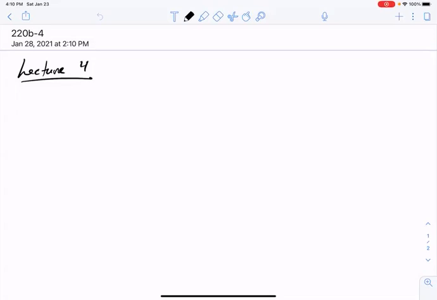All right, so in order to get there, we need to take a few minutes to think about the density field and its correlations.